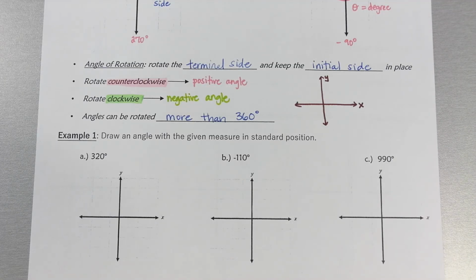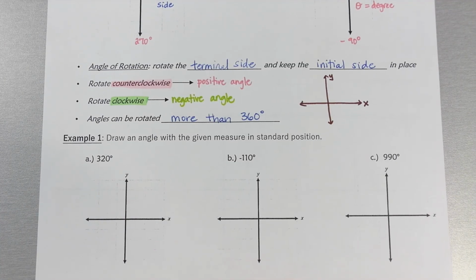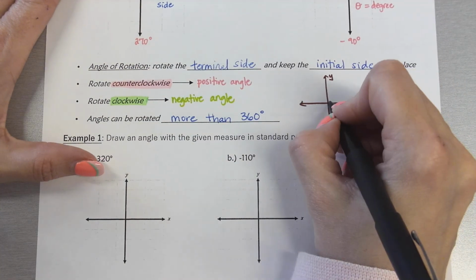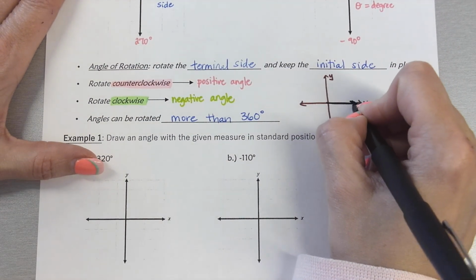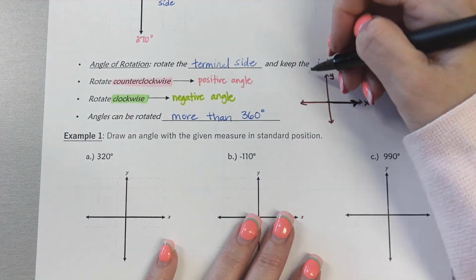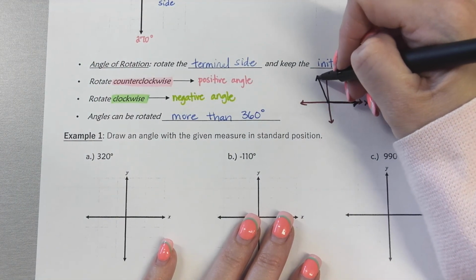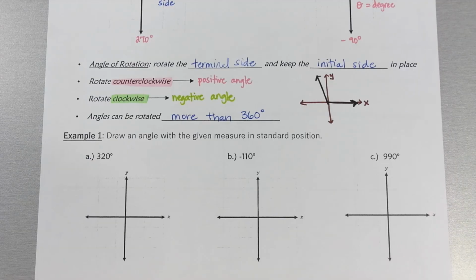Okay, so the first thing I want you to do is I want you to draw the initial side and the terminal side. Okay, so here's the initial side. We'll keep this terminal side in, let's keep it in quadrant 2, but doesn't have to be the exact same as the one before.